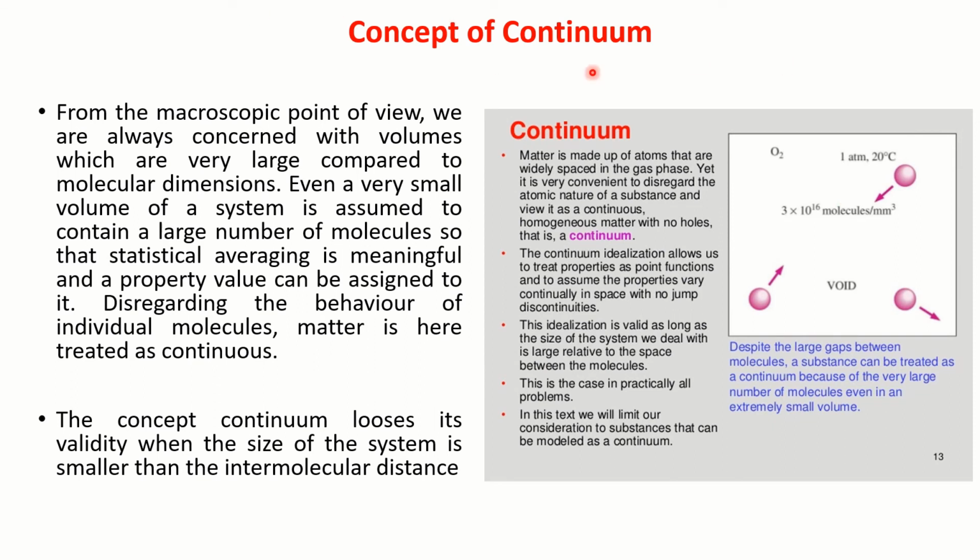This is a concept of continuum, how big the system should be or how small the system can be. So there is a lump of gas and just say this is my system.